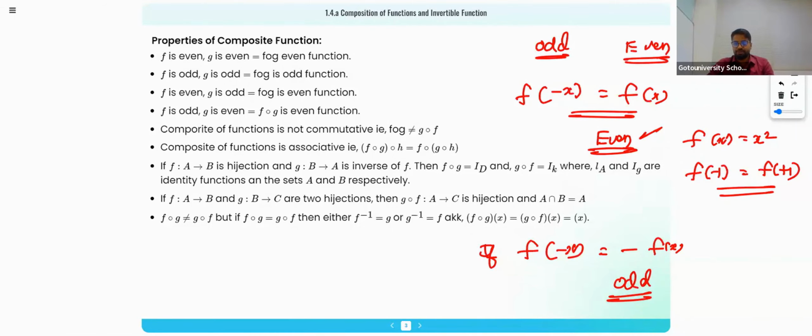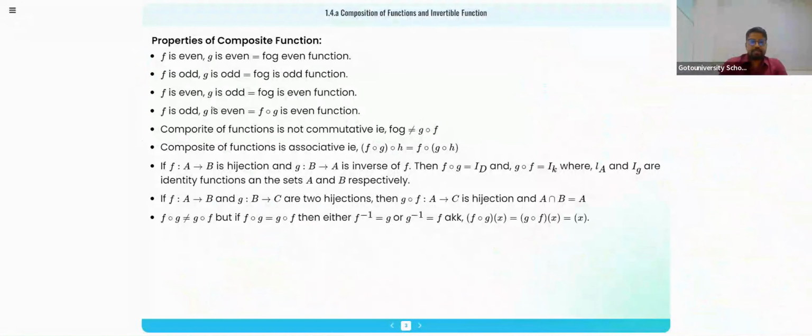So when it comes to composite functions, let me erase this. If there are two functions, suppose f of x and g of x, I can write a table like this. If f of x is even and g of x is even, then f of g is also going to be even.